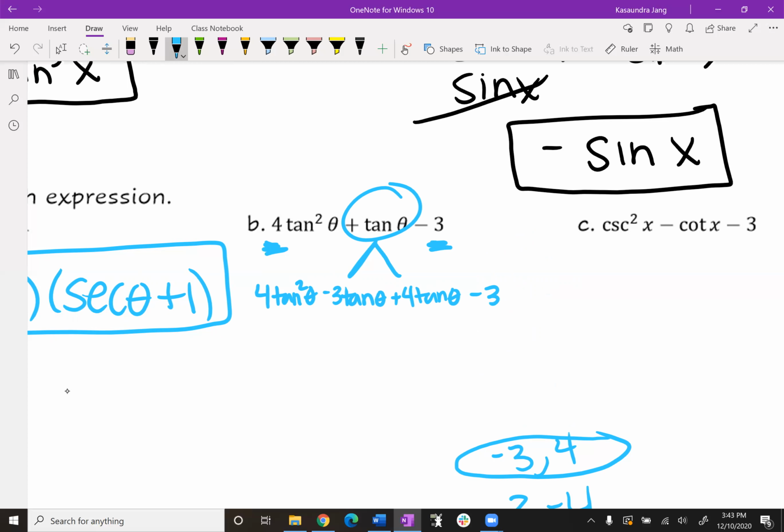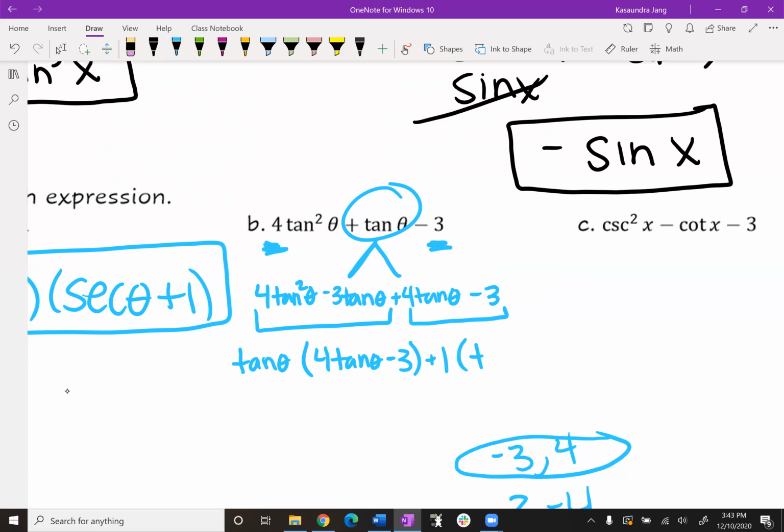All right, so if I do my factor by grouping, this first group, their greatest common factor is a tangent. I'm going to factor a tangent out, and I'm left with 4 tangent of theta minus 3. For the second group, their GCF is just a positive 1. I can factor out a positive 1, and I'm still left with my 4 tangent of theta minus 3. So they have the exact same factor, which is kind of the whole point.